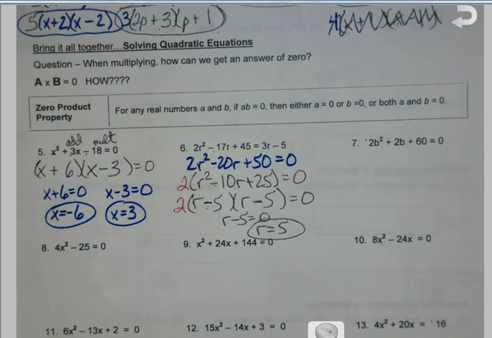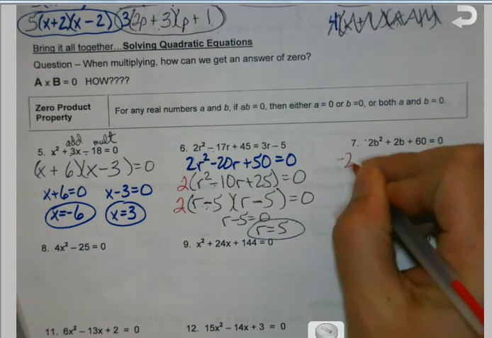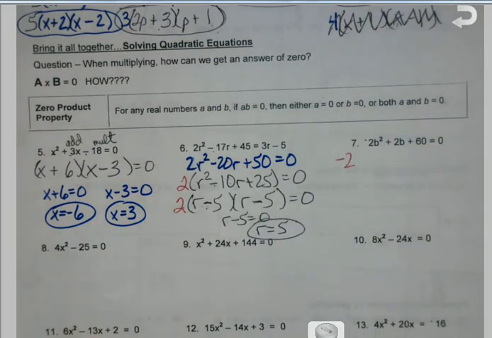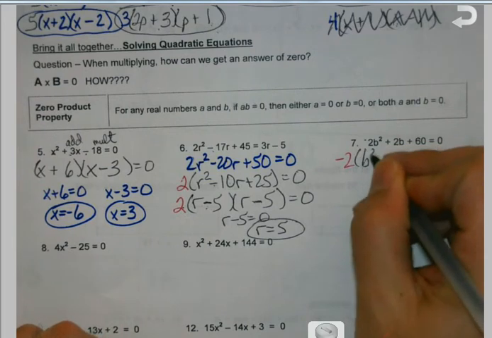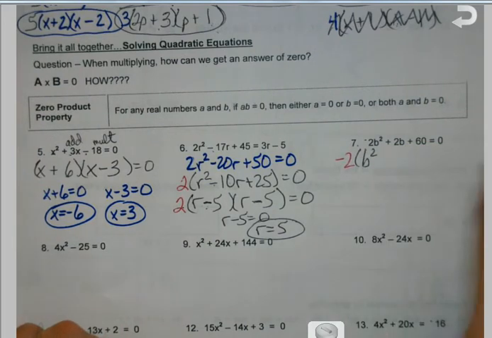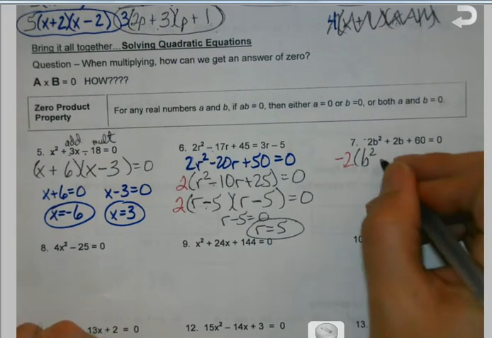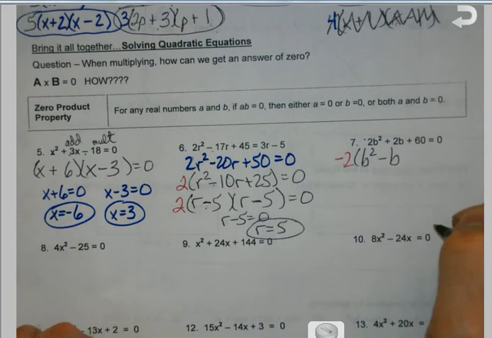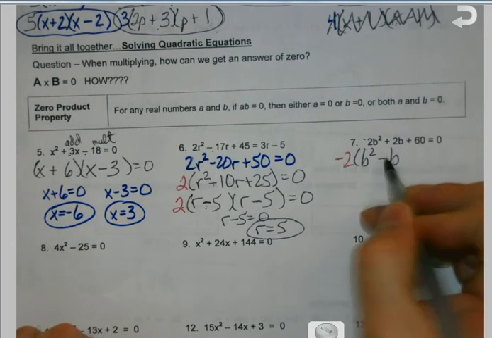Number 7. Anything to take out? 2. Now, I might even suggest something a little more than that. I might even suggest negative 2 because it's easier to have your b squared value be positive when you're factoring than have it be negative. And the only change that'll make in here is it basically is going to change signs because negative times negative is positive.